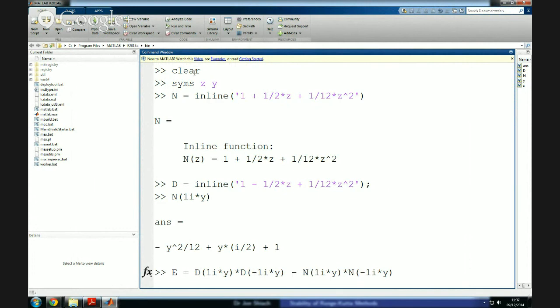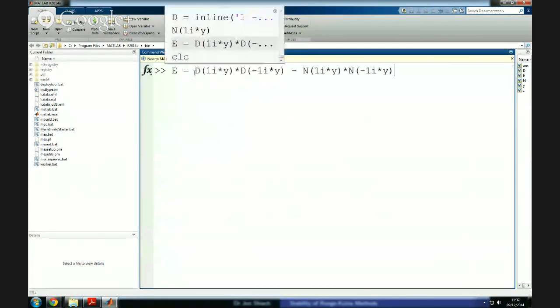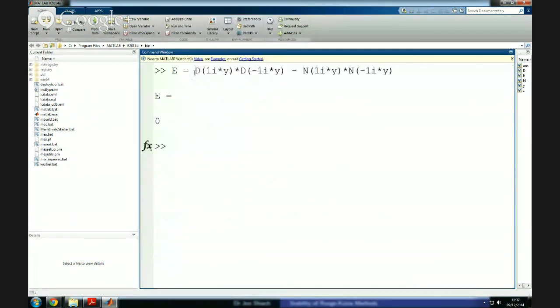You may be wondering, what's the 1 in front of the I? MATLAB's a bit funny with this. Sometimes the I works on its own, sometimes you need the 1 in front of it. I don't know why. It's one of those little idiosyncrasies in MATLAB. Okay, so if I type that in, it's done all the work for me. I'm just going to put that at the top so you can see.